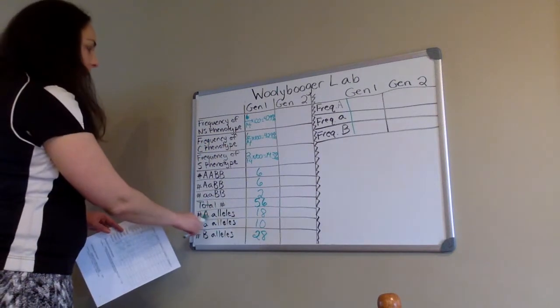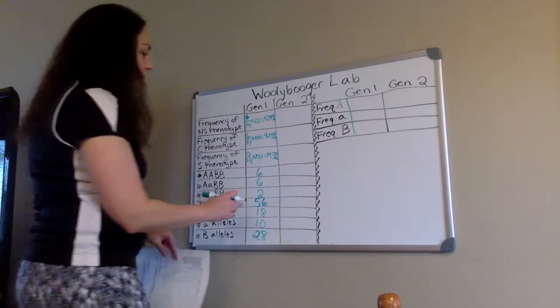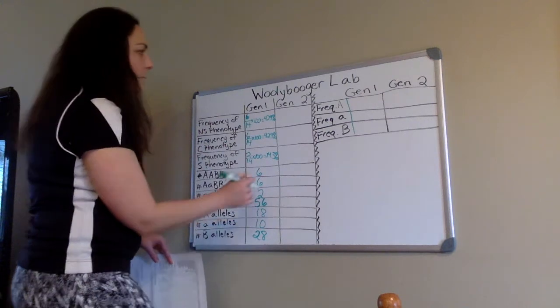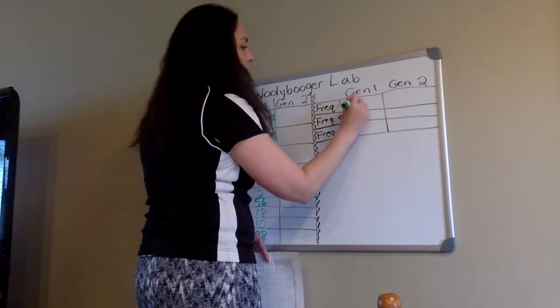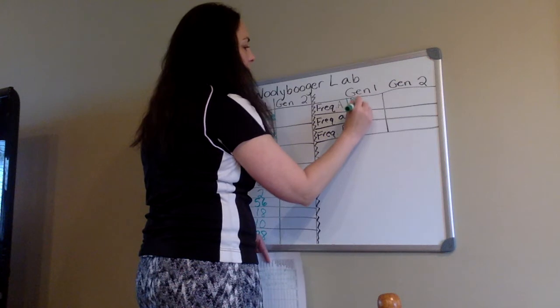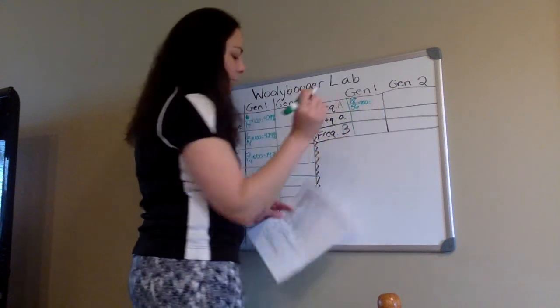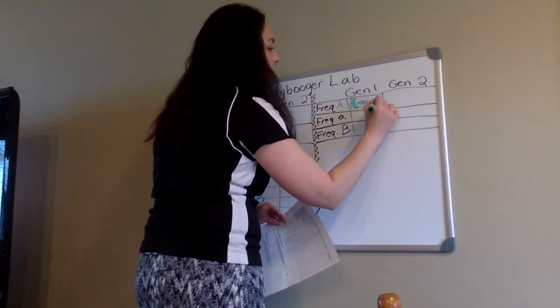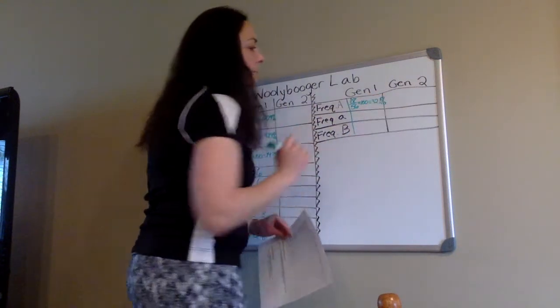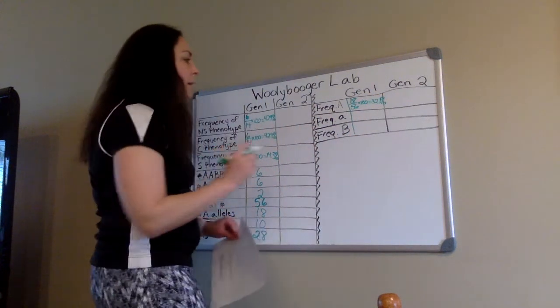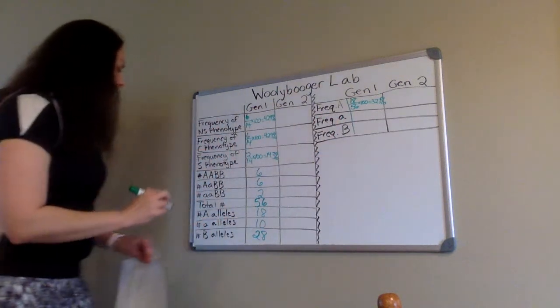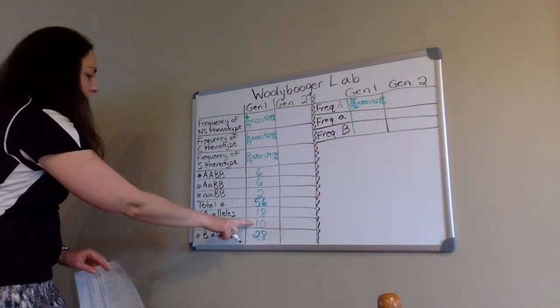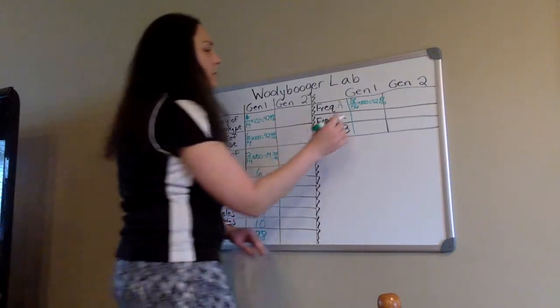For the frequency of the big A allele, we had 18, and there are 56 total alleles possible. So we have 18 over 56 times 100 to change it to a percent. I've already done the math for us. That's 32.1%. Sorry, it's so small. Frequency of little a: we said there were 10 little a's in the population.